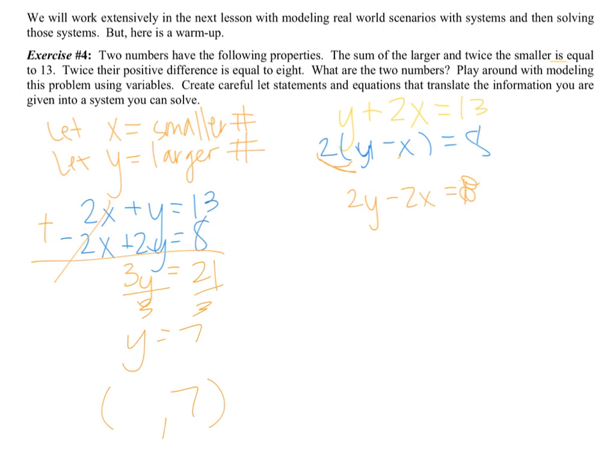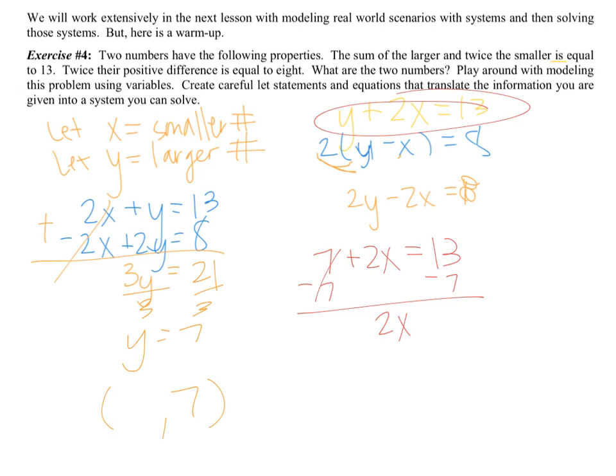I'm going to use this top equation to substitute because it looks easier. There's no negatives. So we're plugging 7 in for y. We still don't know x, but it equals 13. Subtract 7 from each side. 2x equals 6. Divide by 2, and x equals 3.